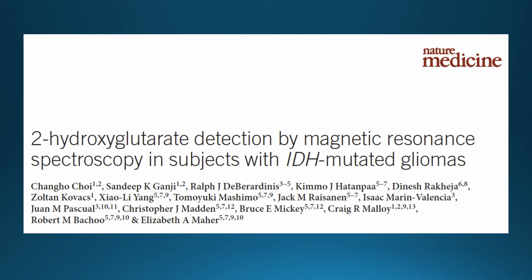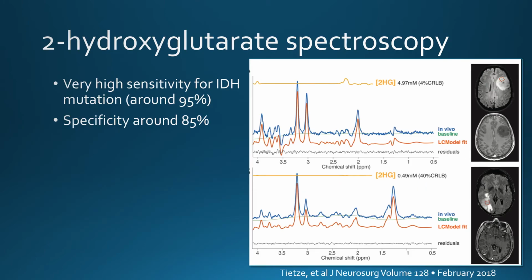So if you can detect 2-hydroxyglutarate, it means that there's an IDH mutation. The spectroscopy technique that they used is much more sophisticated and is not commercially available yet.